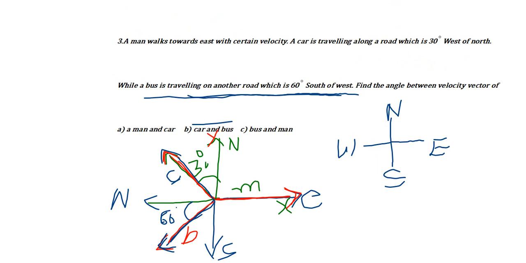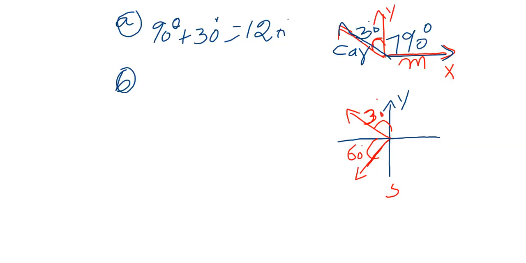This is car. This is bus. Now the angle between car and bus. So here 30 degrees, total 90 degrees here, 90 minus 30, 60 degrees.